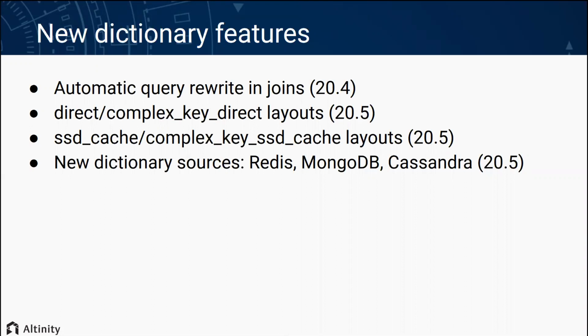I picked some related to dictionaries because it actually opens up some interesting new capabilities. Later on, we'll talk about some JSON processing improvements. There has been quite a lot of work around dictionaries quite recently, starting from dictionary DDLs later in 2019.